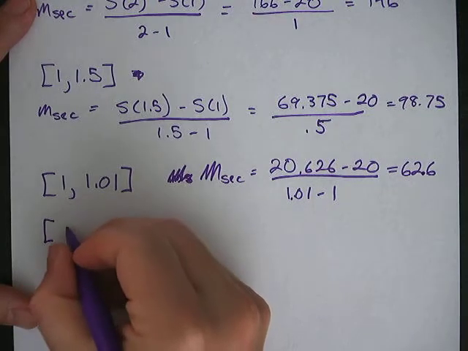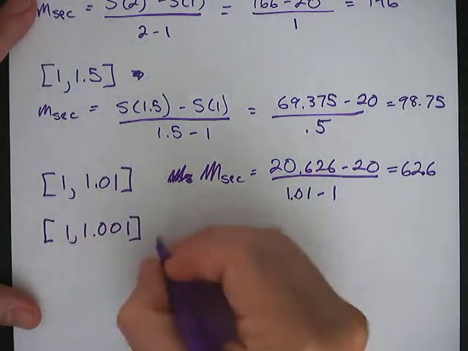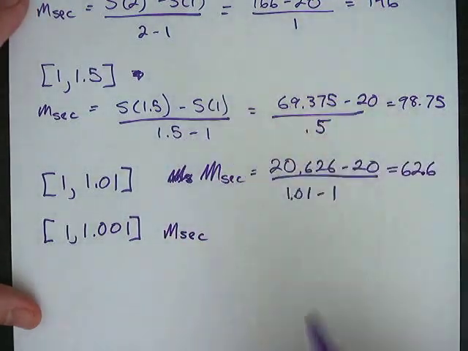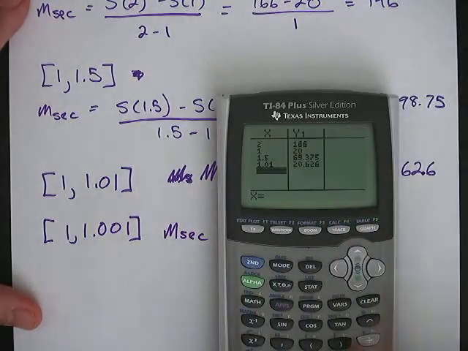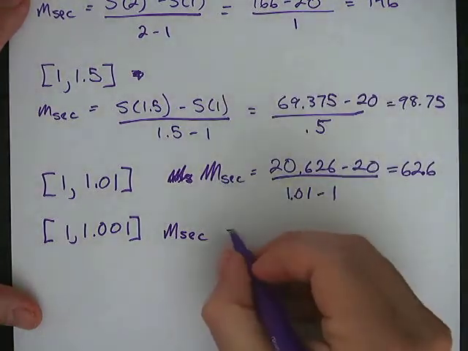Okay, let's try one more, and we'll be very, very close to 1 this time. Let's do 1 and 1.001. This will be the last one we try. So I'm skipping some steps here, but we're still using the same formula that we've been using. We'll go to our table here and type in 1.001, and we get 20.062.